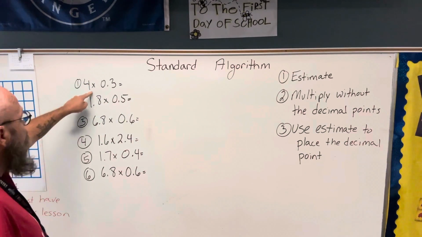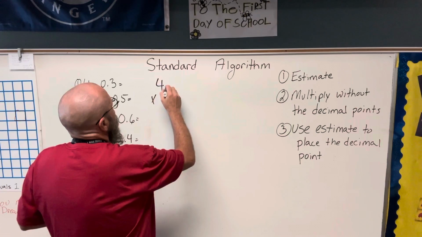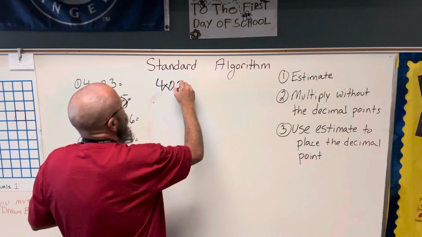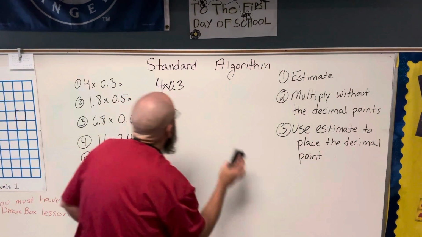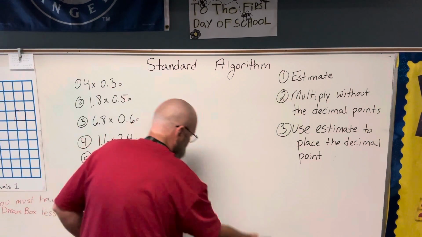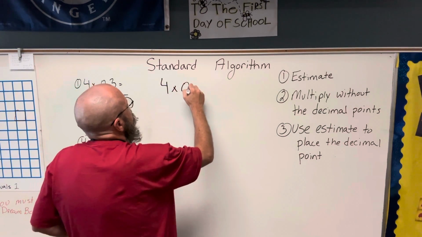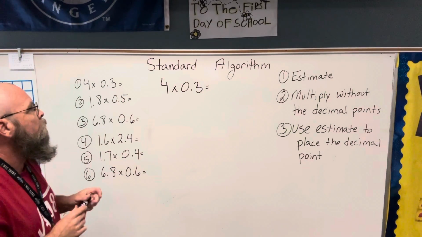Let's do 4 times 3/10. Let me write that so we can read it. 4 times 3/10. Now let's look at it first.